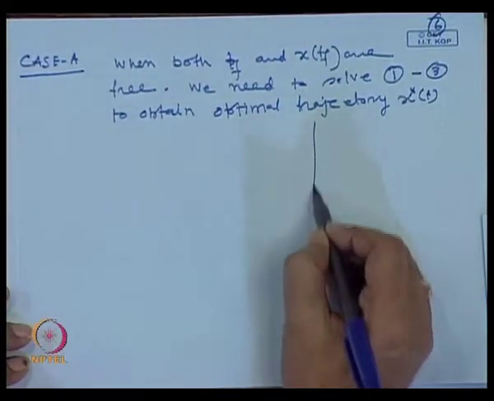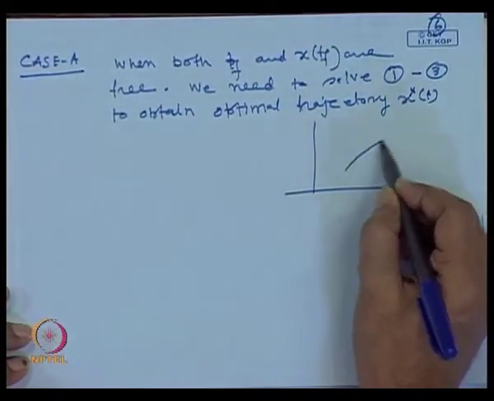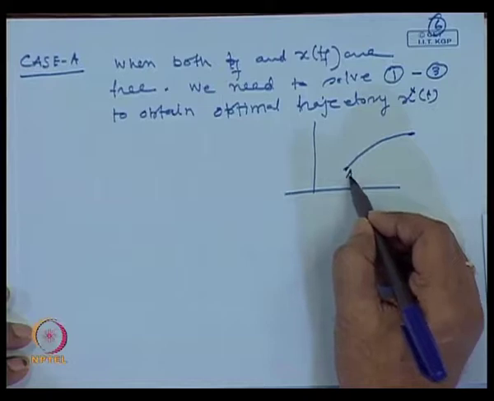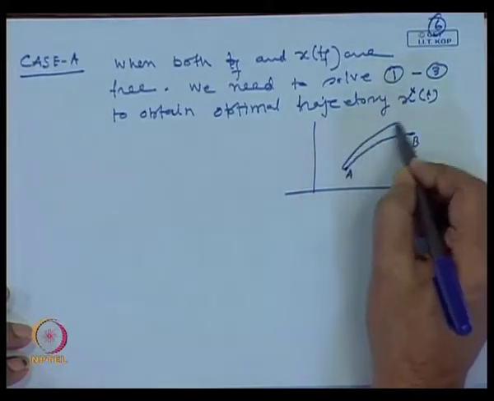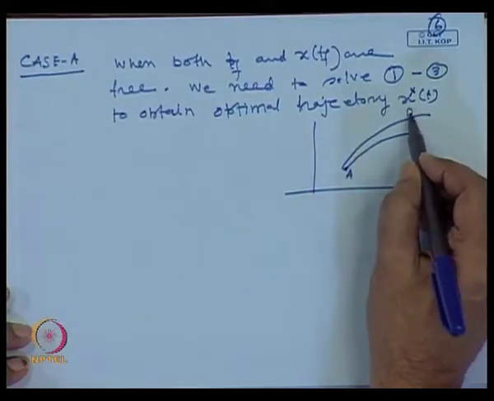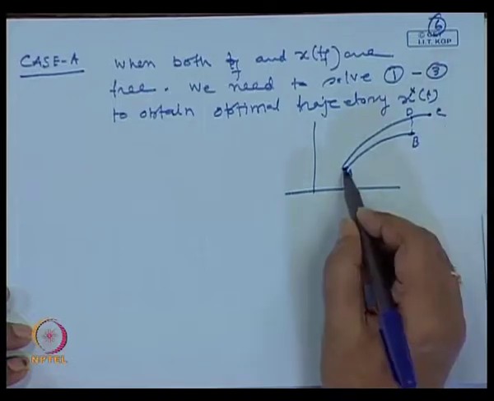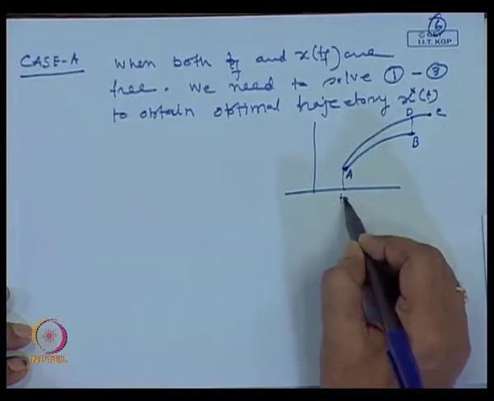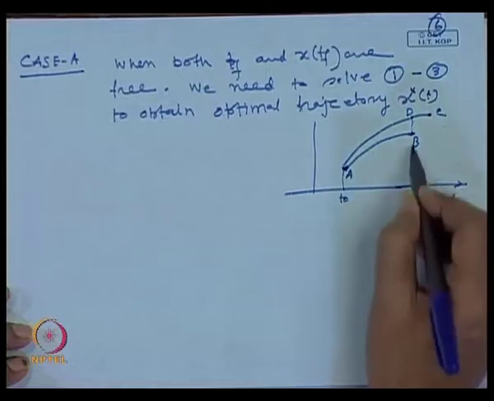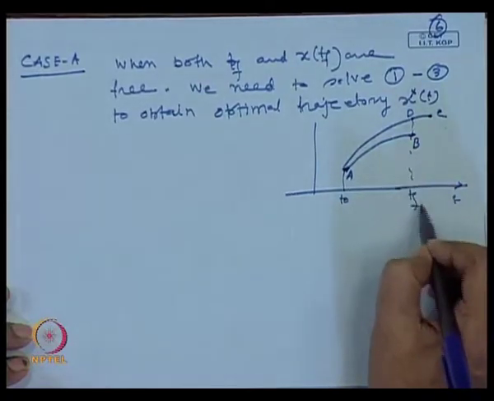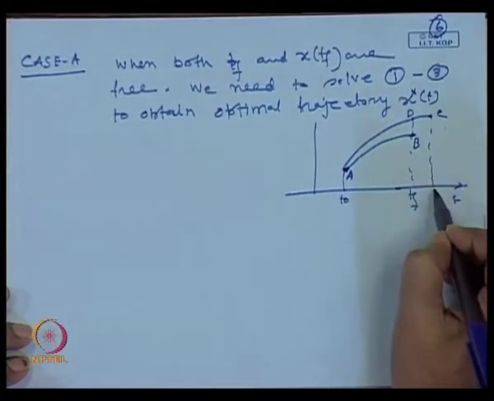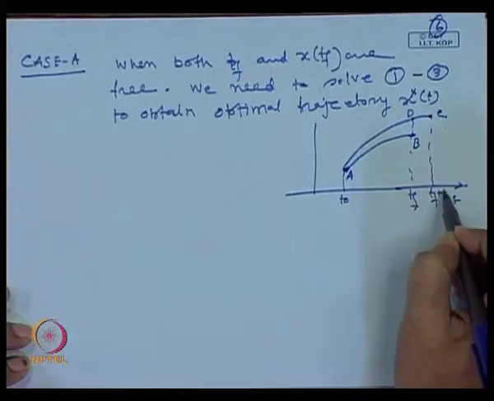Corresponding to the figure, this is A, B, this is D, this is C, this is T 0, T f, and this is T f plus delta T f.